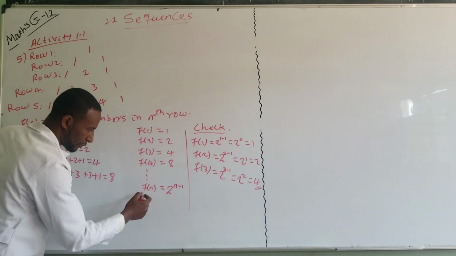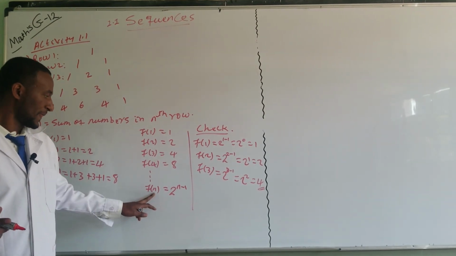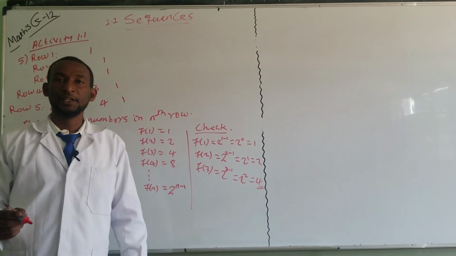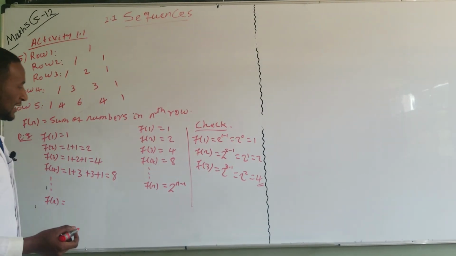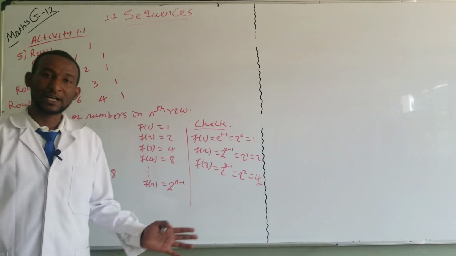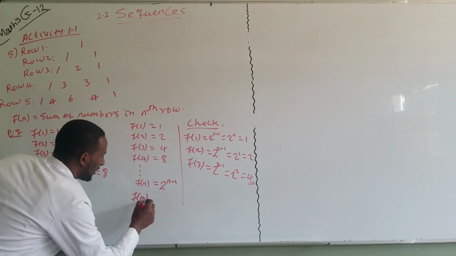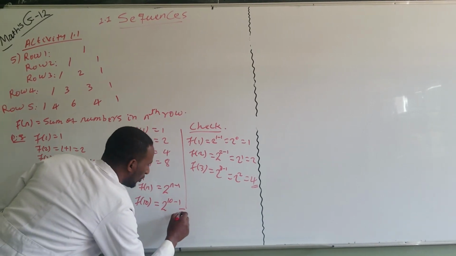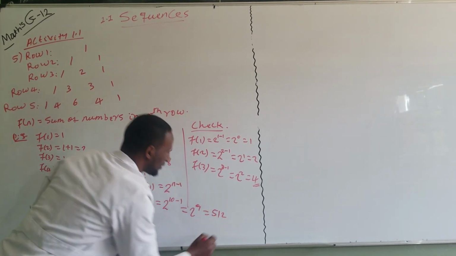So our general formula for the sum of numbers in each row, where n is the row number, is 2 to the power of n minus 1. For example, if we want the sum of the numbers in the tenth row, f of 10 is 2 to the power of 10 minus 1, which is 2 to the power of 9, which becomes 512.